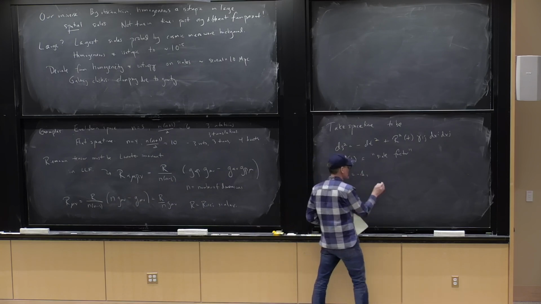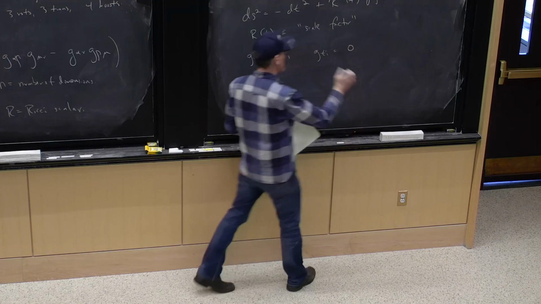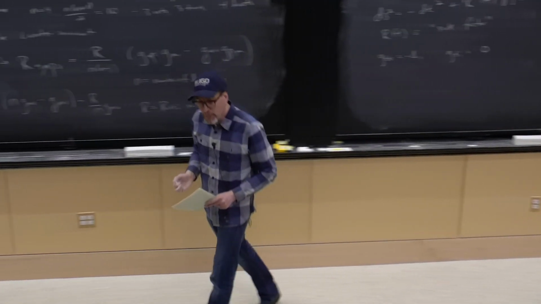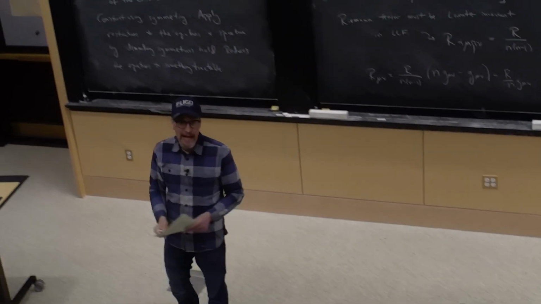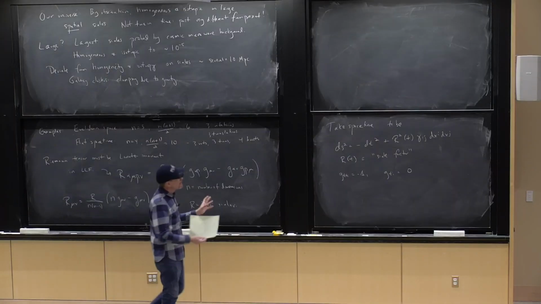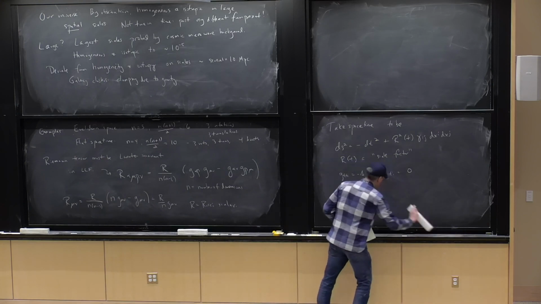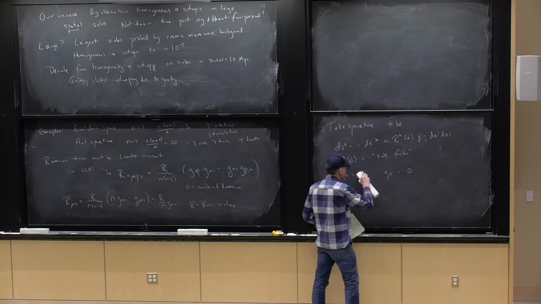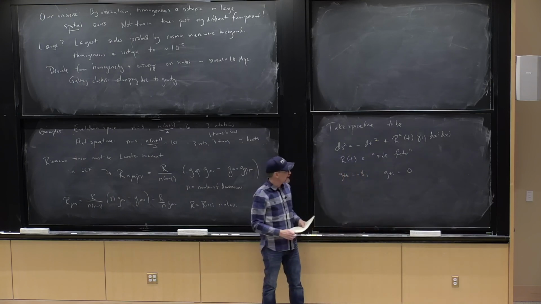I have chosen g_tt equals -1 and g_ti equals 0. Remember from our discussion of linearized theory around a flat background that of the 10 independent functions of my spacetime metric, 4 of them were things that I could specify by choosing a gauge.